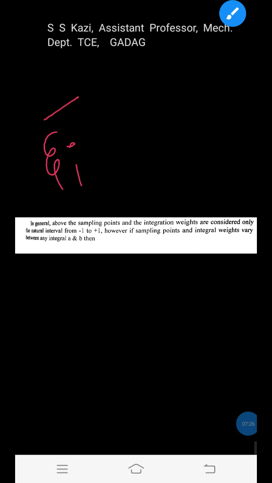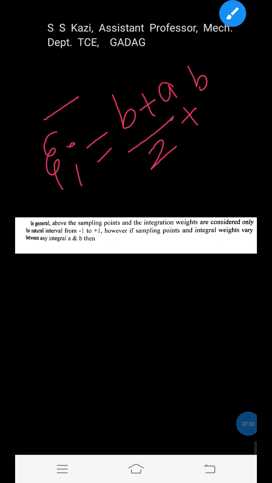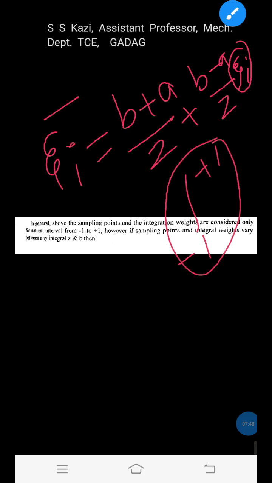Zeta I bar is given by (B plus A) divided by 2 plus (B minus A) divided by 2 into zeta I, where zeta I is the sampling point for the limits -1 to +1. That is what that means.